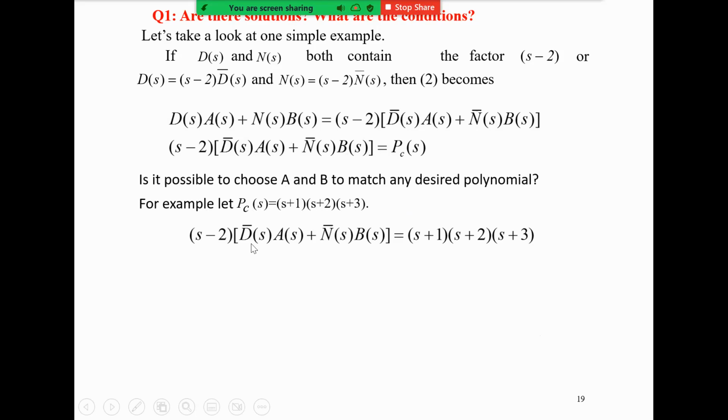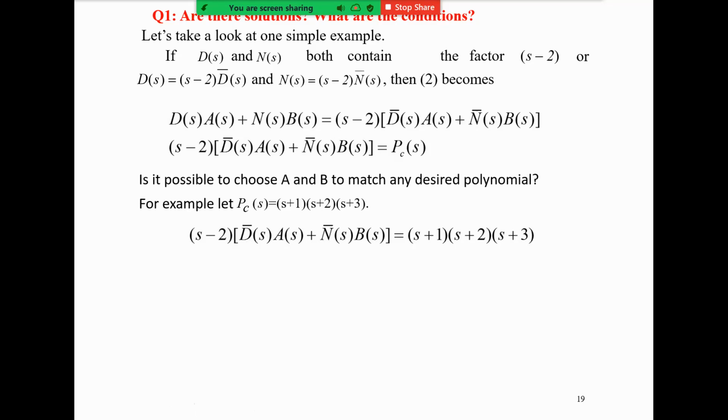So let's just write down the expression of this equation such that you can clearly say the answer. D bar and N bar are given polynomials. A and B are the polynomials you want to find such that the left side can match the polynomial on the right side. Is there a solution?